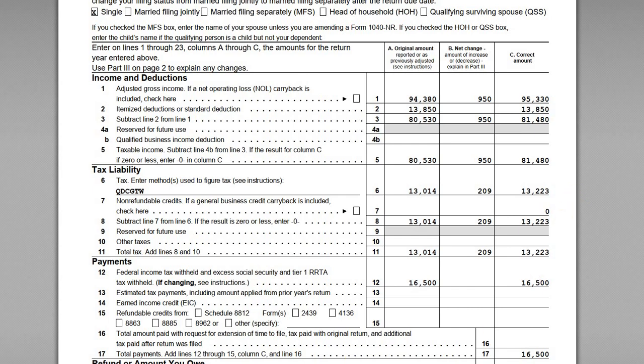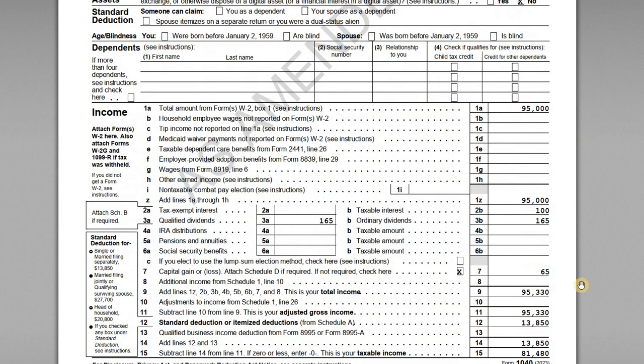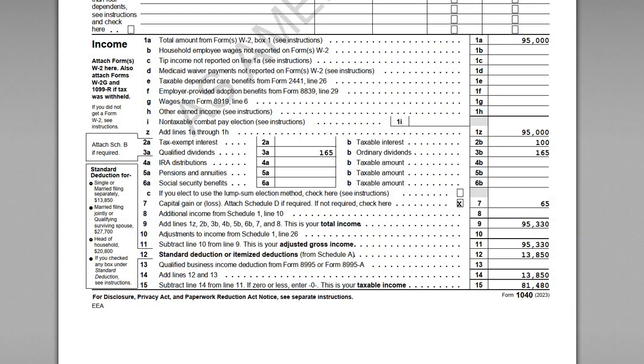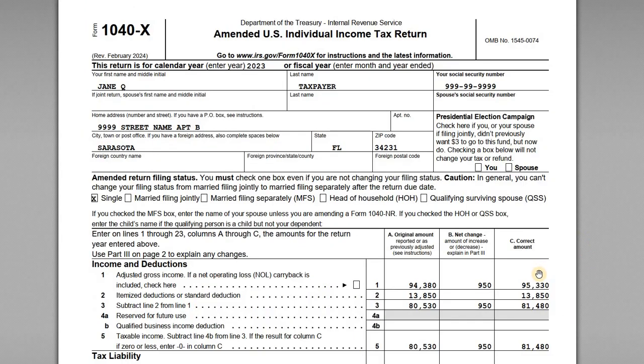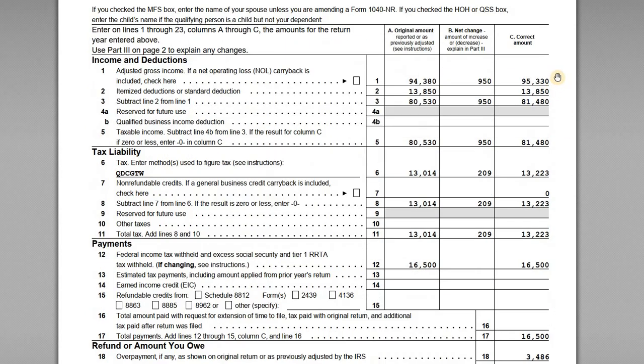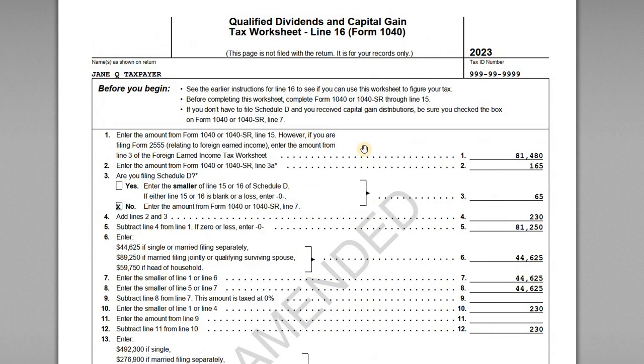So on the amended return, we pull these values into the corrected columns in column C. We have the AGI, the standard deduction, and our taxable income now is $81,480. We recalculate our tax on this new taxable income, again using the qualified dividends and capital gains tax worksheet, to arrive at $13,223.